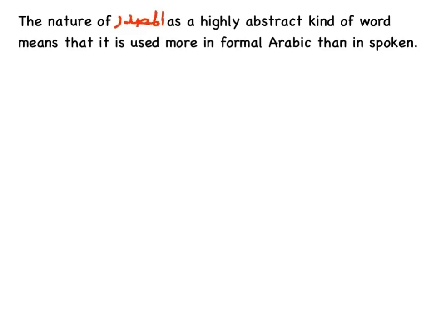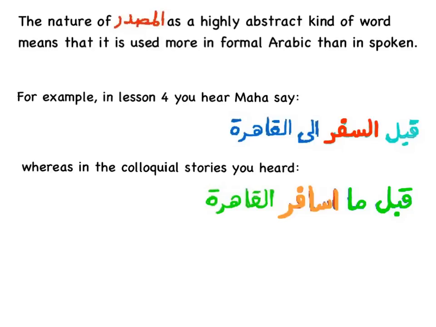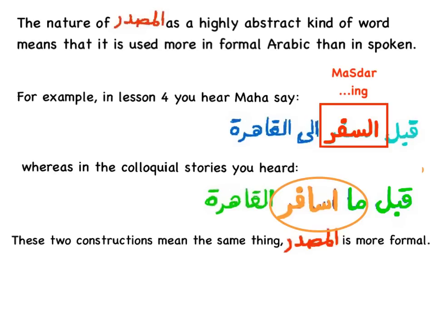The nature of al-masdar as a highly abstract kind of word means that it is used more in formal Arabic than in spoken. For example, in lesson 4, you hear Maha say قبل السفر إلى القاهرة, whereas in the colloquial stories you heard قبل ما أسافر إلى القاهرة. So the two sentences mean the same, before she goes to Cairo, but in Fusha we express it as before traveling to Cairo.